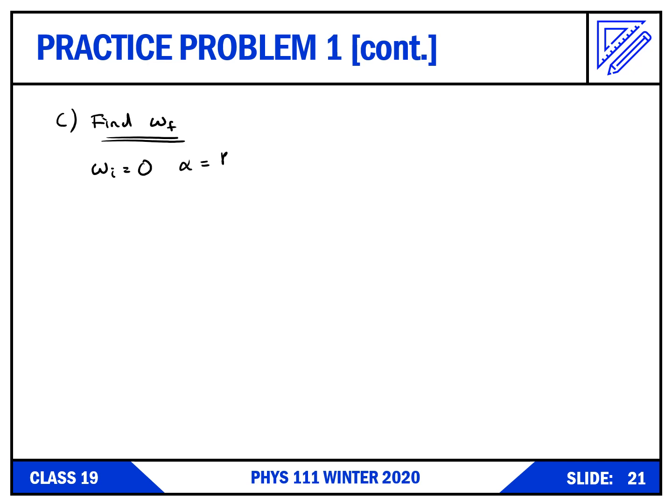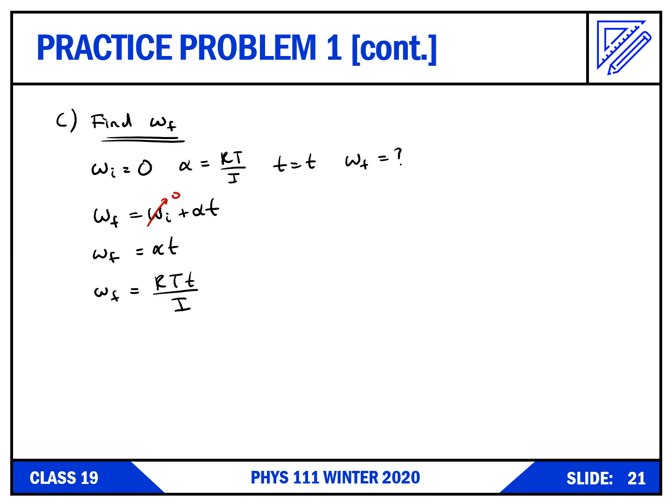Alpha is equal to Rτ over I. We know that the time that has passed is t, so we can easily solve for omega f by using a kinematics equation, this one. So omega f is equal to 0 plus alpha t, so omega f is equal to Rτ t divided by I. And that answers all three questions.